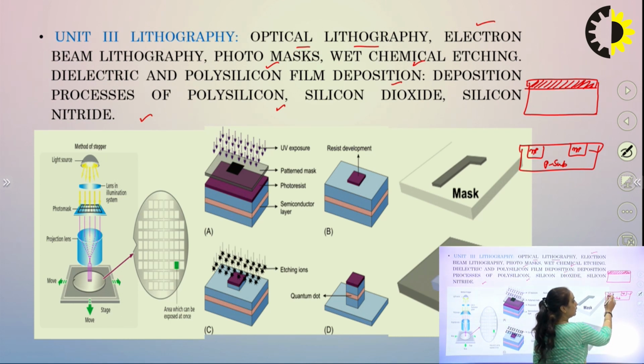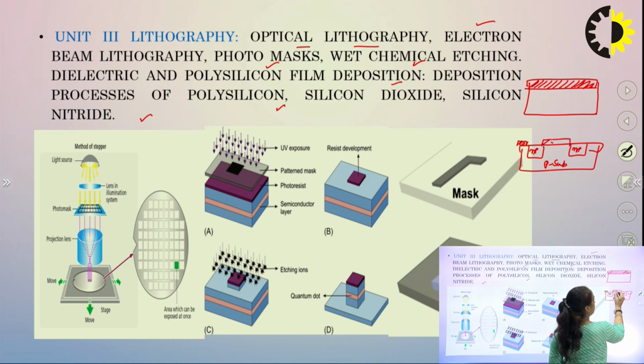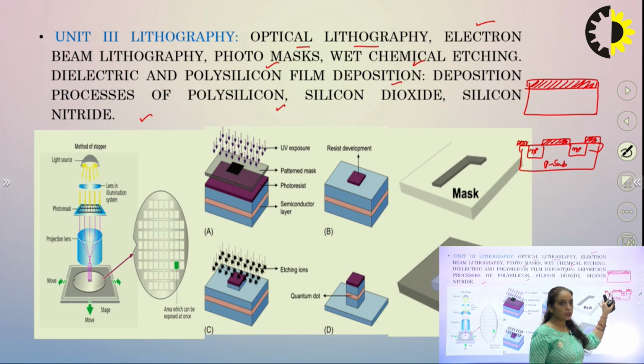These source and drain regions are pre-decided, so under this area we need to have the diffusion, and the rest of the area should be protected. This protection and the drawing of these areas is done with the help of the photolithography process.